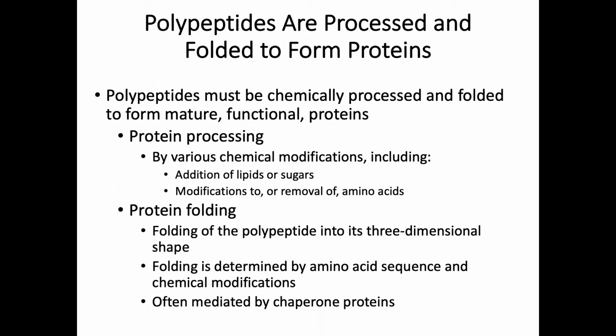The correct three-dimensional structure is essential to function. Protein folding is often mediated by chaperone proteins. Chaperone proteins exist in all cellular compartments and interact with the polypeptide chain in order to allow the native three-dimensional conformation of the protein to form.